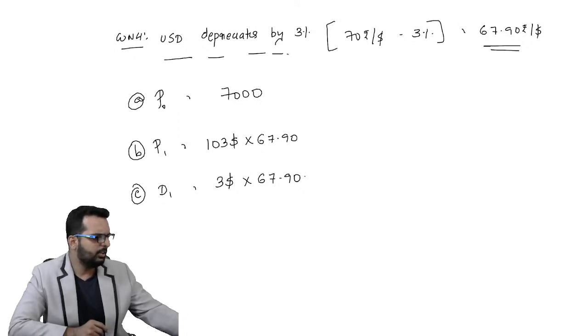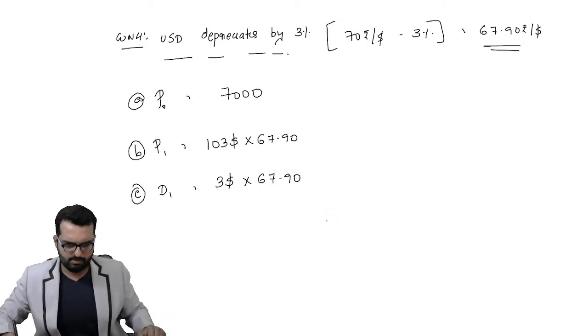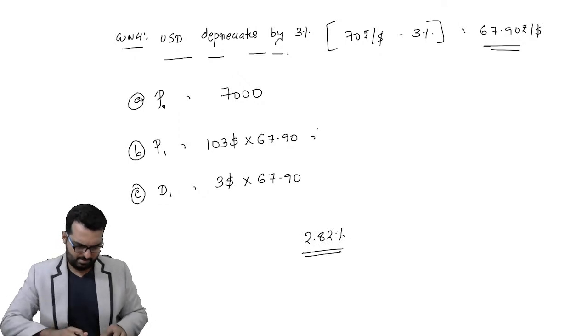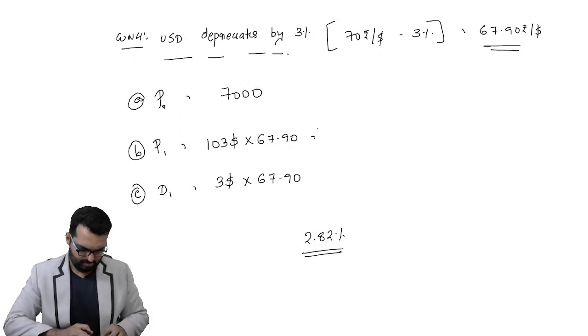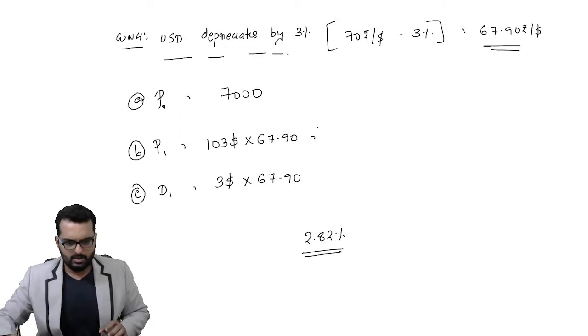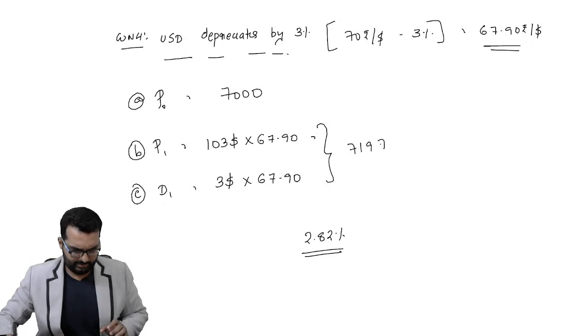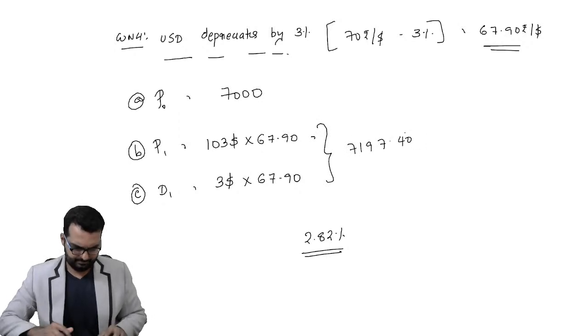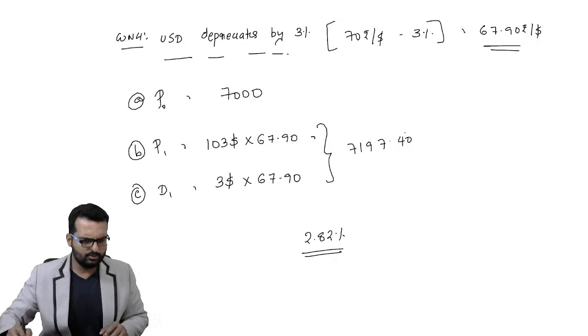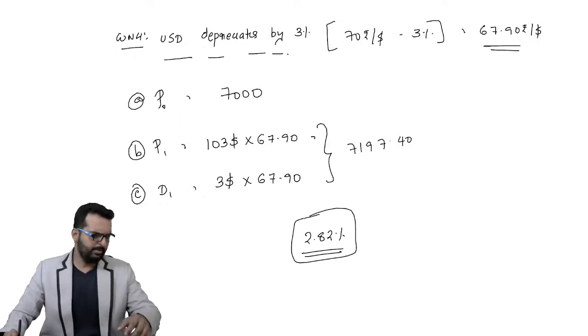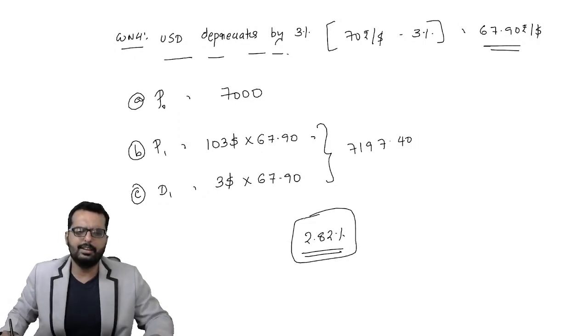Yes, 2.82 is the right answer. The total you would get is 7197.4 divided by 7 is 2.82%. Okay. Fine. Everybody got this answer in your books?